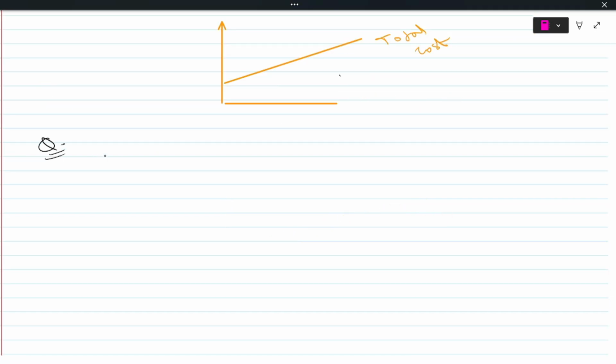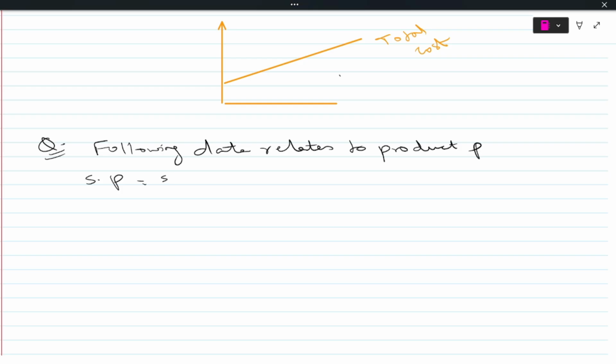Let's say that the question says: the following data relates to product P. And what is the data? You have a selling price of, let's say, $20 per unit. You have labor, which is $3 per unit.